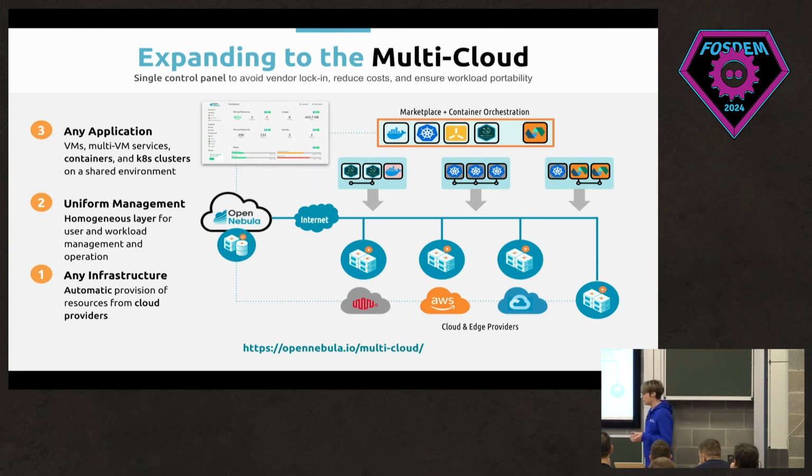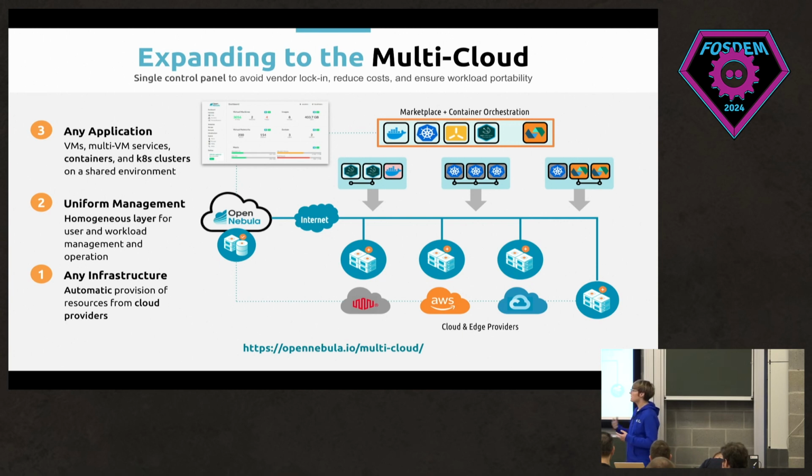So in the case we have, for example, our own data center and we need more resources, we can deploy any infrastructure with automatic provision using, for example, providers like Google Cloud, AWS, or Equinix, and then have a uniform management for those resources with a homogeneous layer for user and workload management, and then deploy over the infrastructure any application that we want.